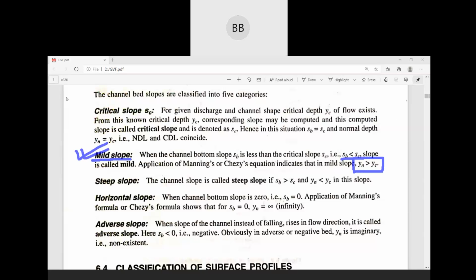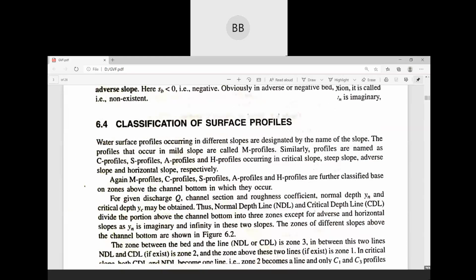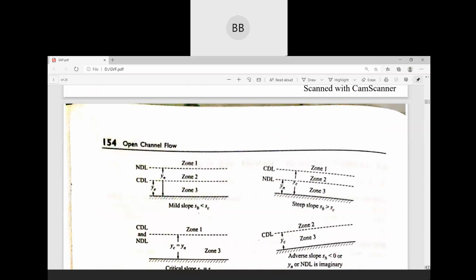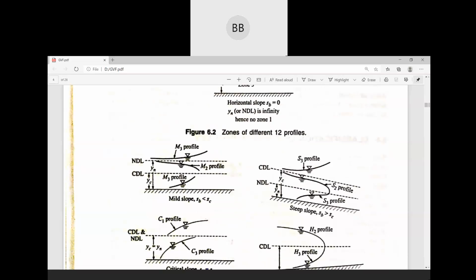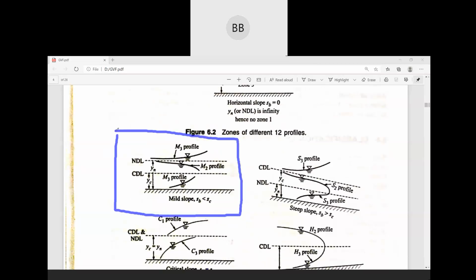You can see in this diagram, for mild slope, this will be M1. It's printed wrong, write M1. Our NDL is 1.5 meter.